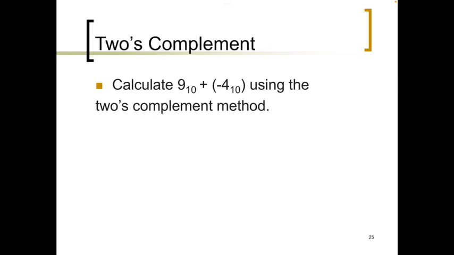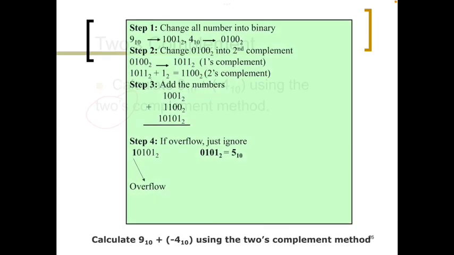They ask you to use the 2's complement method. So how can we solve this? Let's say 9 plus -4. We need to change all the numbers into binary first.